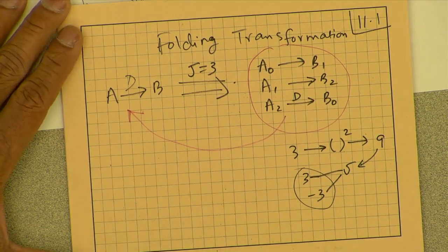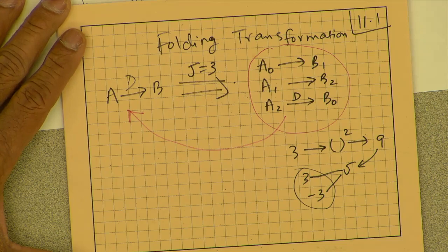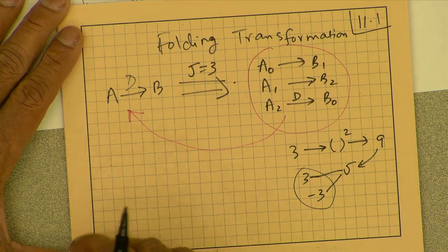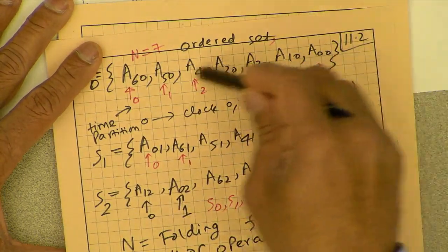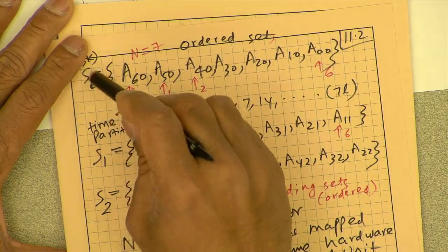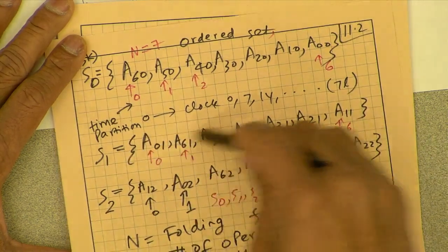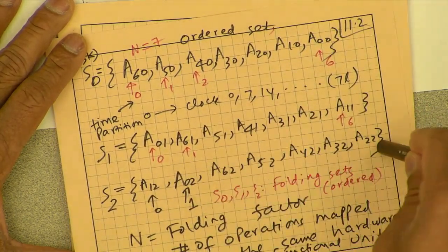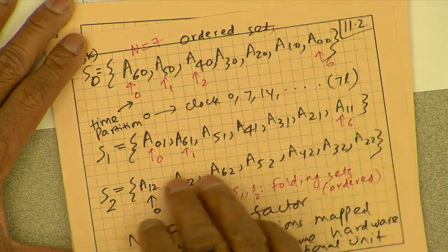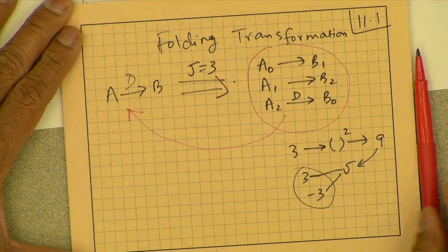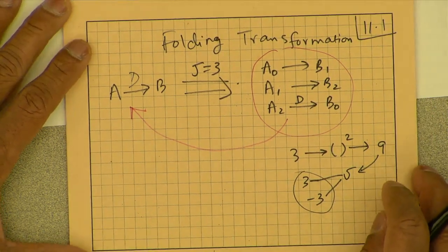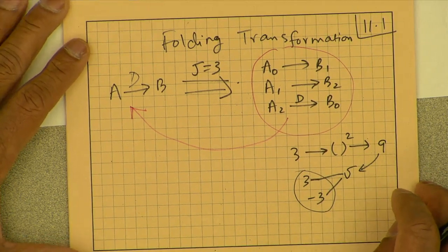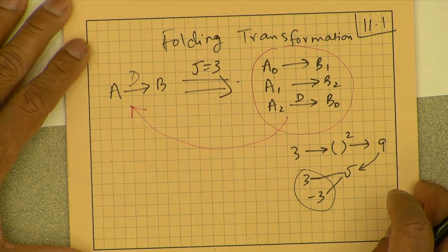If we are going to be designing time multiplexed circuits, and I say time multiplexed because we are multiplexing all these 7 operations in time to the same functional unit, and same here, time multiplexing these and these to the same functional units.